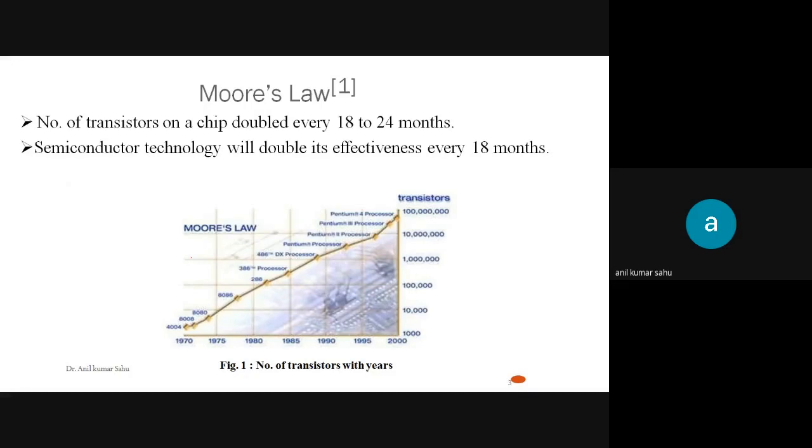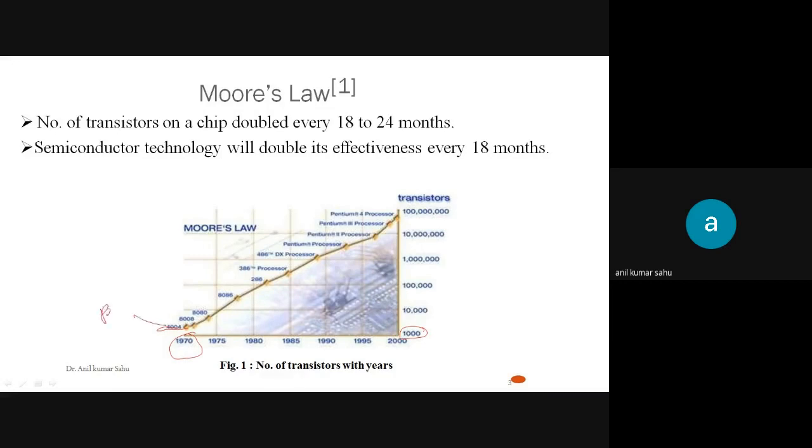So we know that if you talk about 1960, the number of transistors was about 1000 for the 4004 processor.